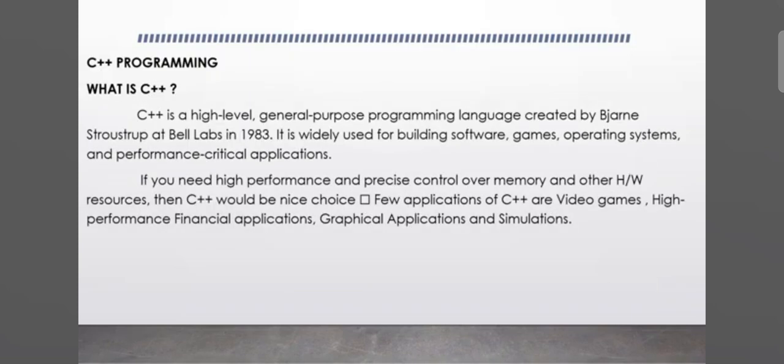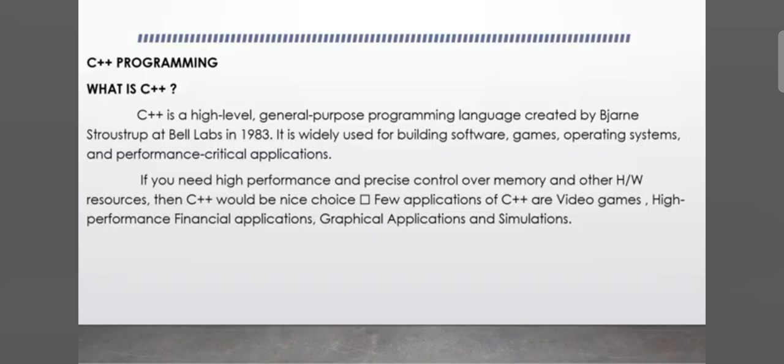C++ programming. What is C++? C++ is a high-level general-purpose programming language created by Bjarne Stroustrup at Bell Labs in 1983. It is widely used for building software, games, operating systems, and performance critical applications.